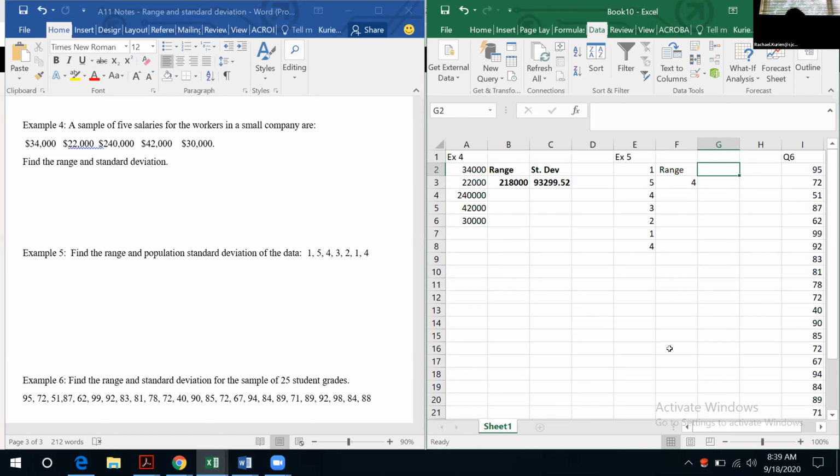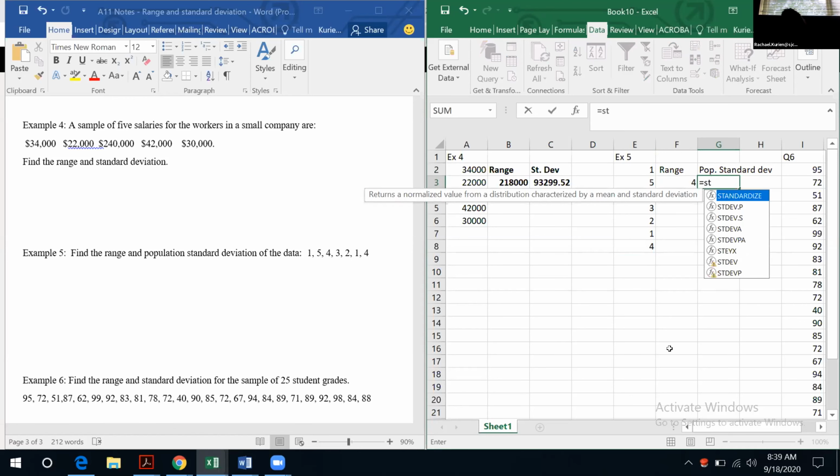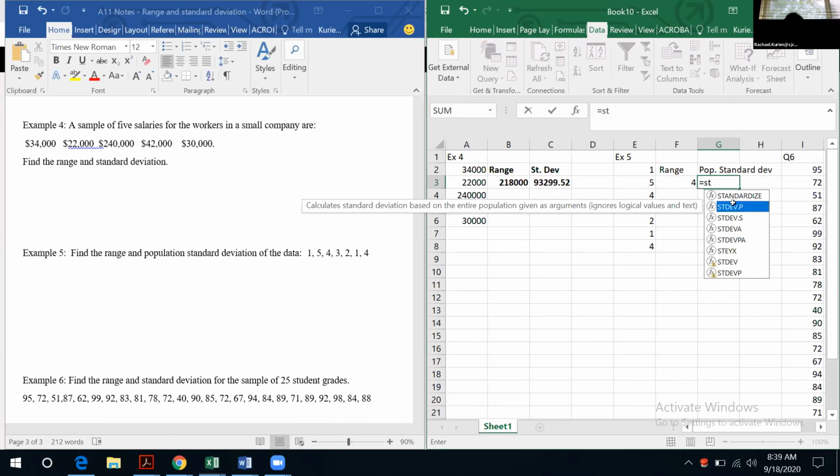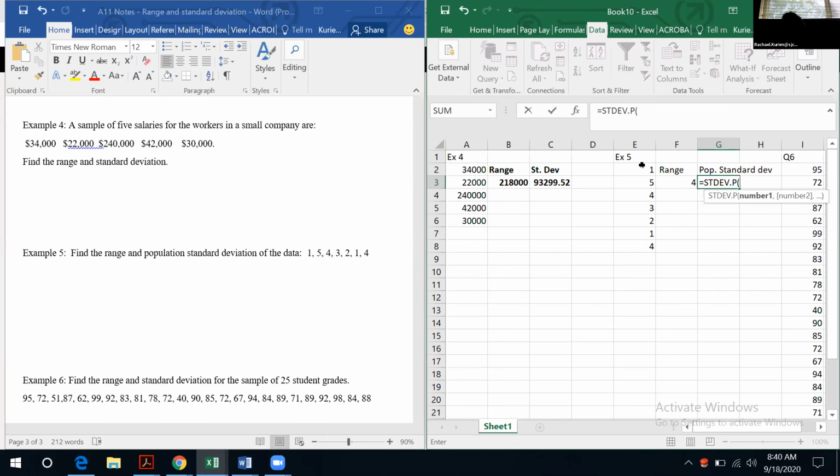Now we want to find our population standard deviation. So we're going to hit equals. And once you type in ST, you'll see a bunch of stuff pop up. Just click on the second one. It says .P on there, and it's for your population. So highlight everything, close the parentheses, and hit enter. And you get your answer.